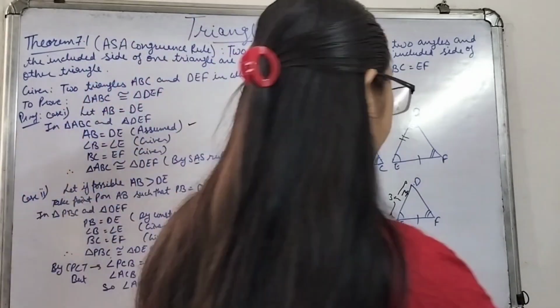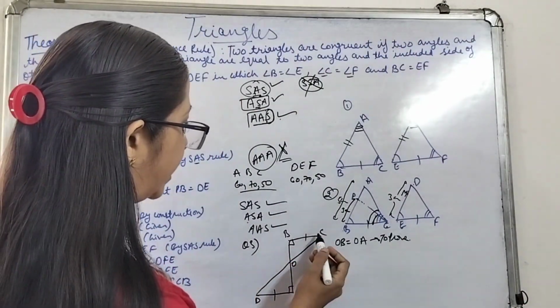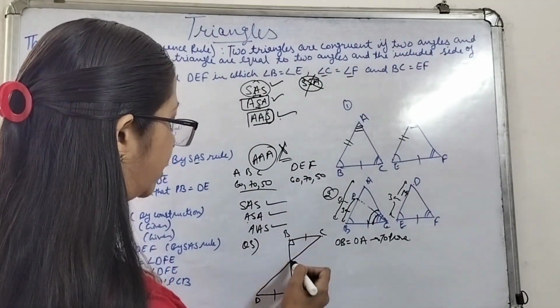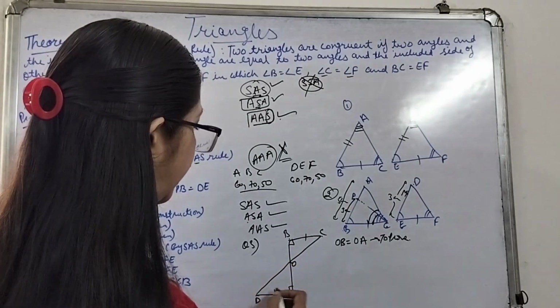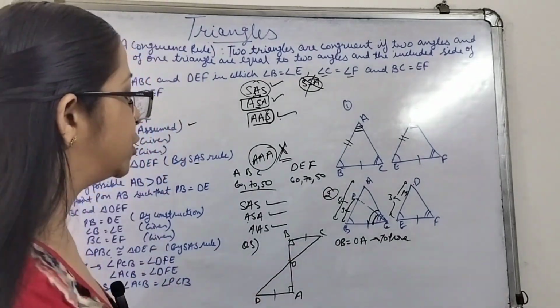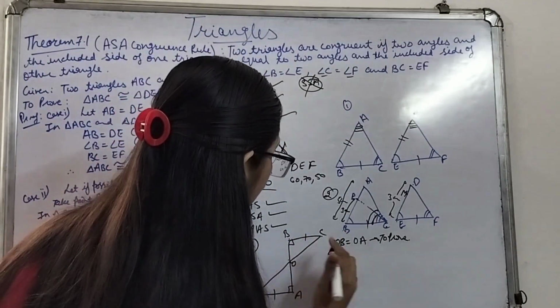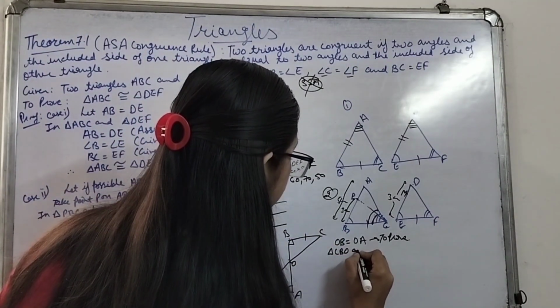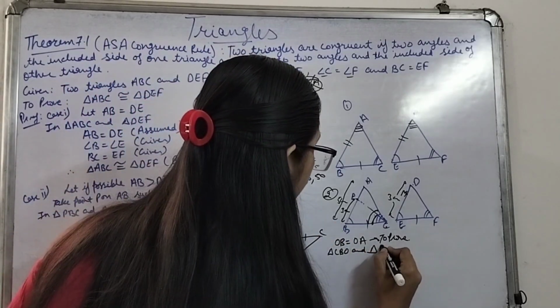Now how can we prove it? See, if we look at these two triangles, one triangle CBO and another triangle DAO, I'm just writing it out: triangle CBO and triangle DAO.